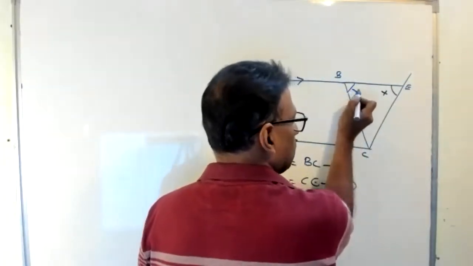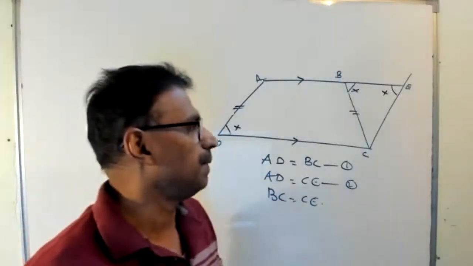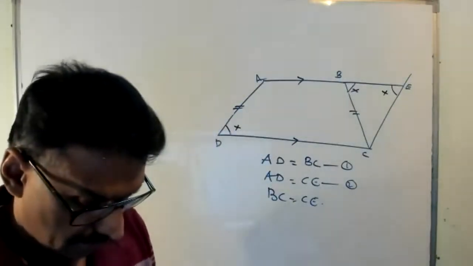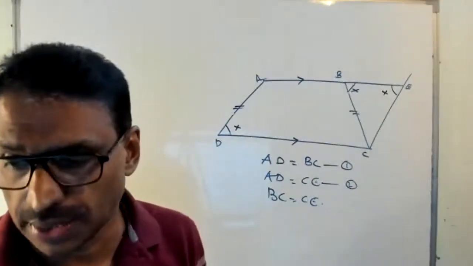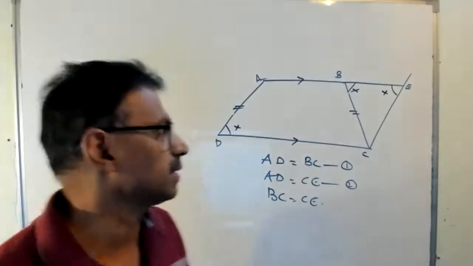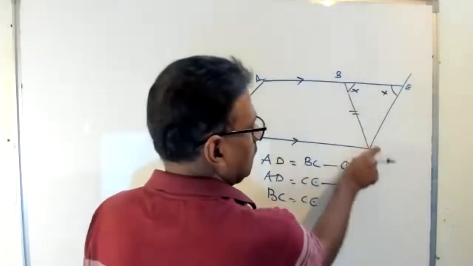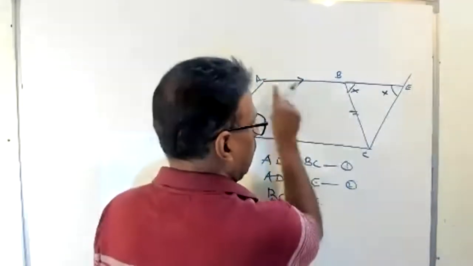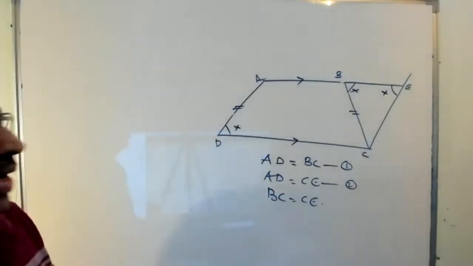What is the reason? Angle E equals angle B. Angles opposite to equal sides are equal. Okay, what about angle ABC? Angle ABC plus angle BCE is 180 degrees. So what about this angle?